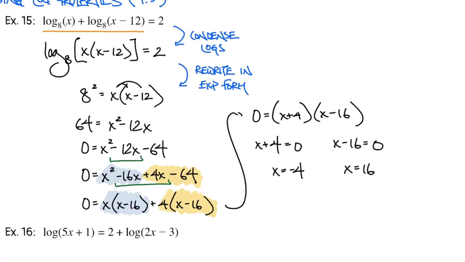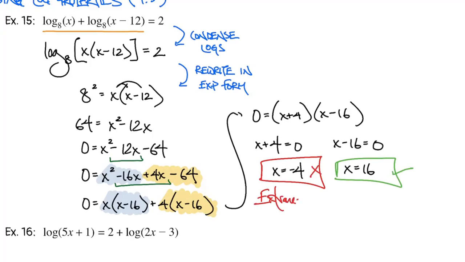All right, I think general consensus is that x equals 16 is in fact an answer, whereas x equals -4 is what we call an extraneous solution. Now I want to be clear on something here.